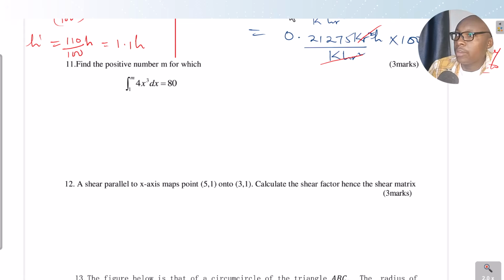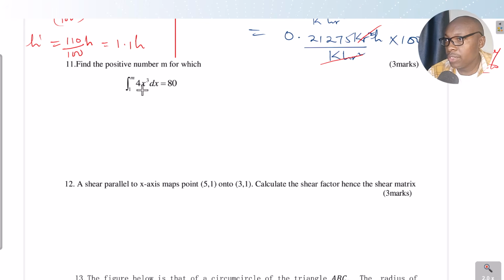Question 11. Find the positive number m for which the integration of 4x cubed with respect to x from 1 to m is equal to 80. So you need to integrate this. You integrate 4x cubed with respect to x with the limits from 1 to m.